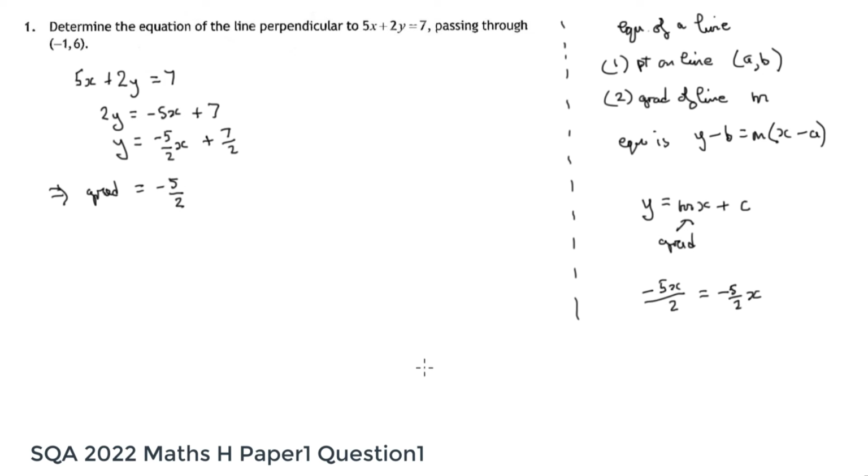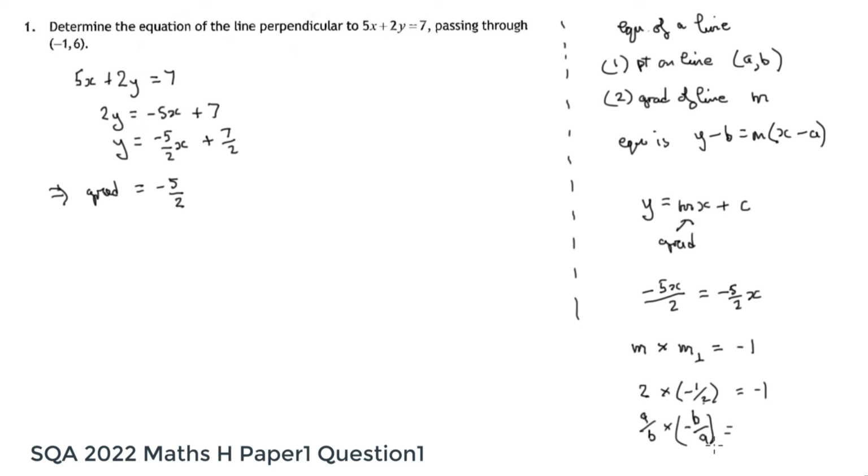Now, if we know that, then we can work out the gradient of the line perpendicular to that. Remember, there's the result that says the gradient of a line times the gradient of a line perpendicular to that must come to -1. So for instance, 2 and -1/2. A line has gradient 2, a perpendicular line would have gradient -1/2. If we've got a over b for the gradient, then remember we invert that fraction and change the sign.